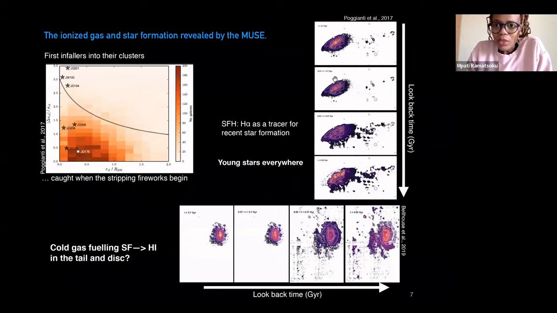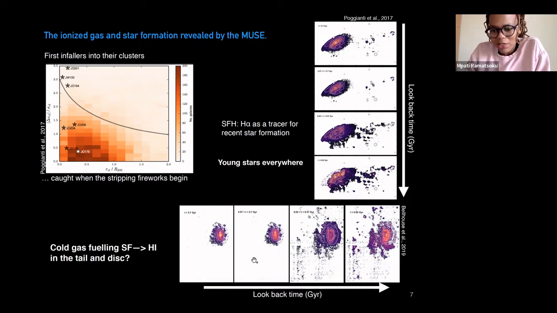And what we are finding is that we see very young stars forming at all times. So in the past, there were stars forming within the disk of the galaxies, and as the tail formed, there were still stars forming within the tails.